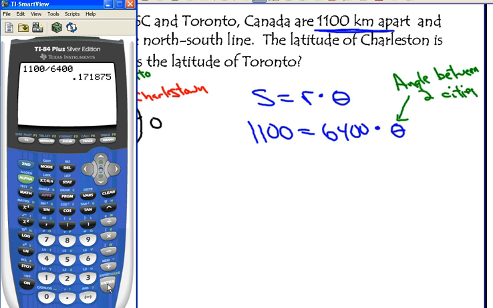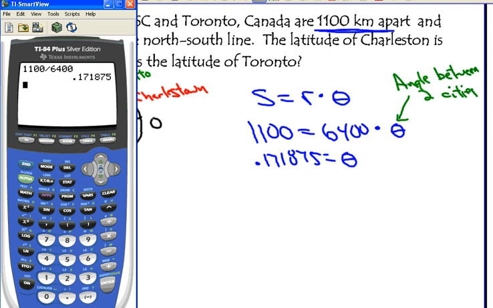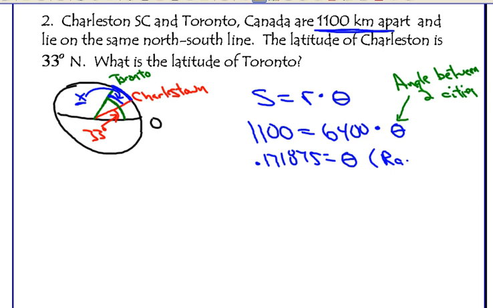And that seems like a really small angle. 0.171875 equals theta. Let's see what that was. Yep. That seems like a small angle until you remember, oh, wait a minute, that's in radians. But everything else we're doing here is in degrees.